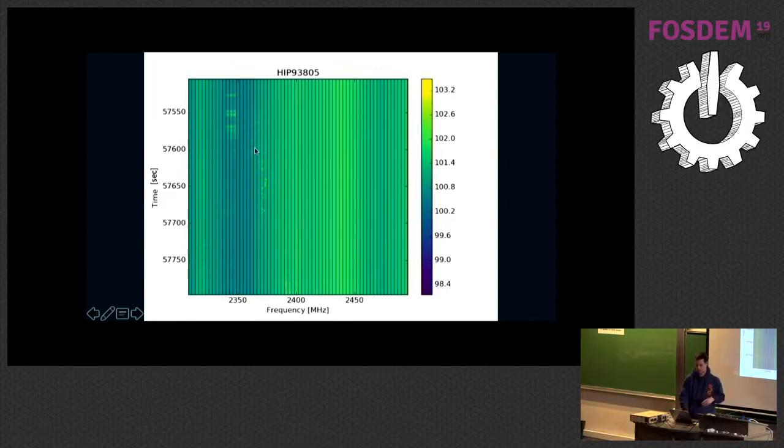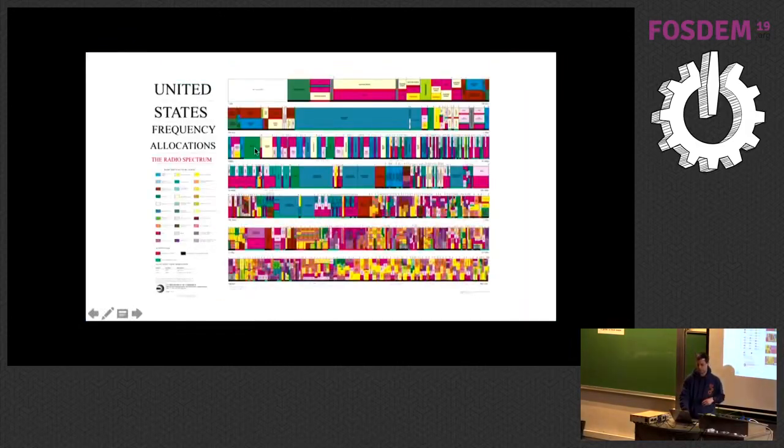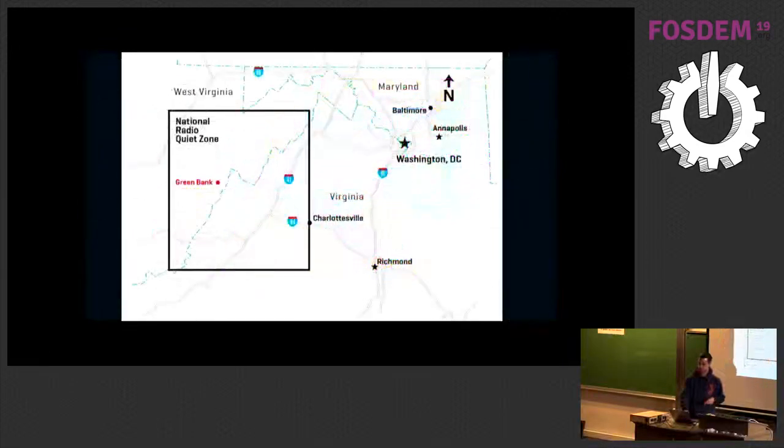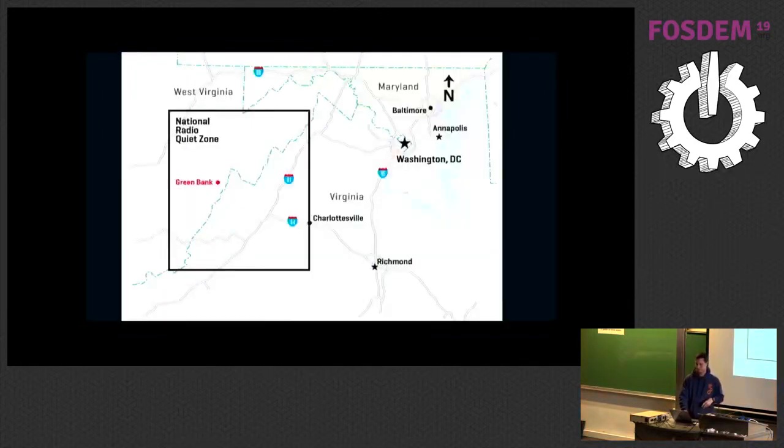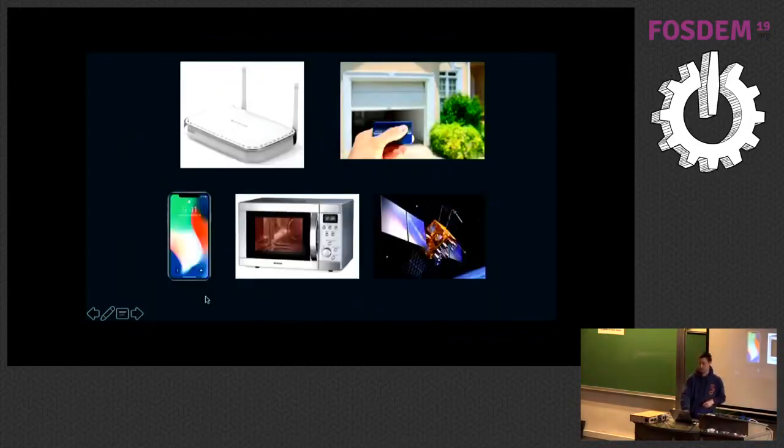do some differential analysis. So there's lots of interferers that they have to deal with. So the Green Bank telescope is in a quiet zone. Even in the quiet zone, you wind up hearing lots of things that you shouldn't. I mean, part of the problem is probably that I-81, a major interstate, goes through there, so it seems like there's lots of problems there.